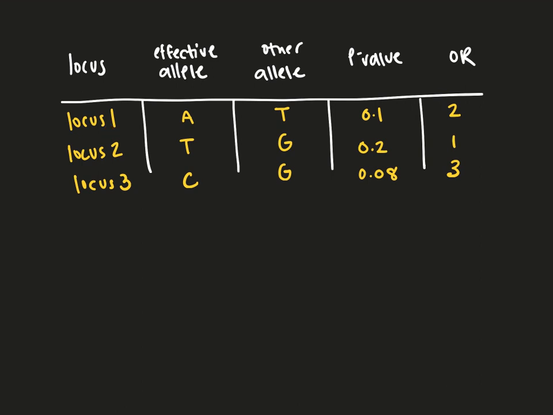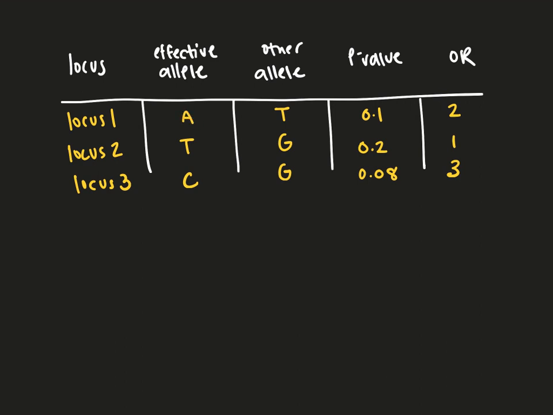So now I'm going to say, what were the 2 alleles that I found to be variable in the population? And just for ease of this example, I'm going to call the first one that we see here the effective allele, and then I'm going to call the other one just the other allele. Now, the effective allele is the one that's going to be positively associated with our trait of interest.